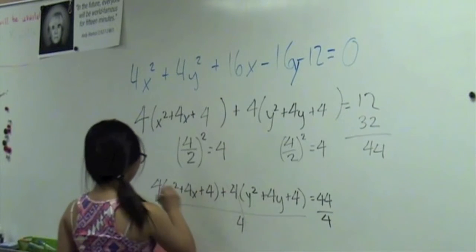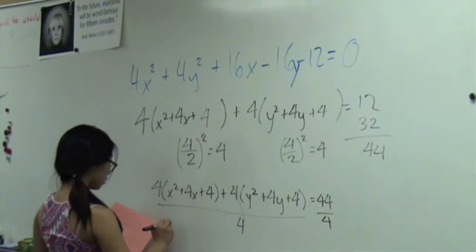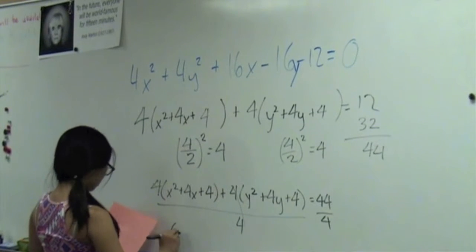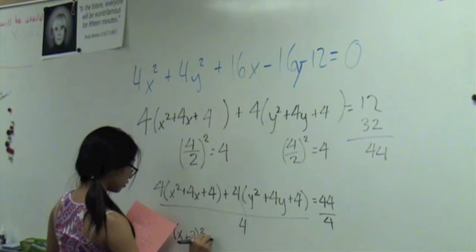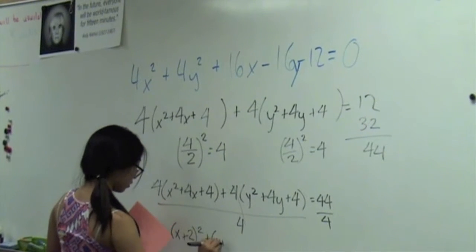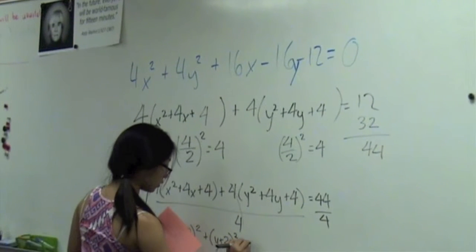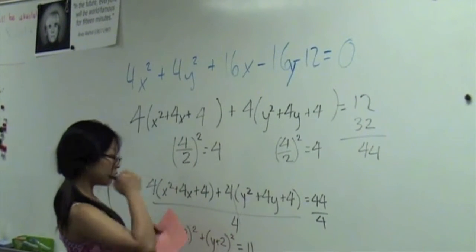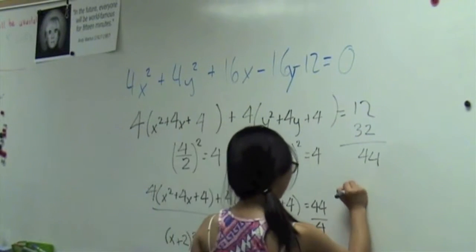So that cancels, right? And then it will get us to (x plus 2) squared plus (y plus 2) squared equals 11, right?